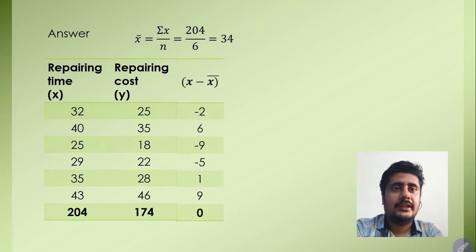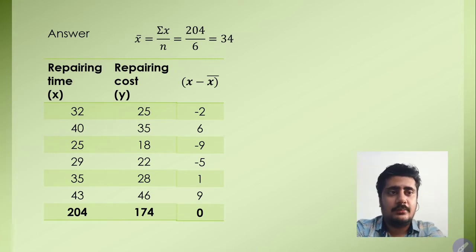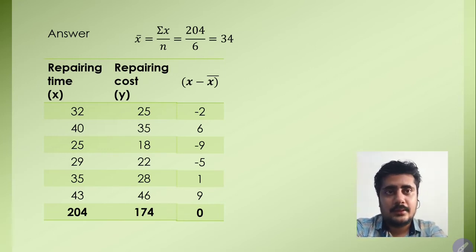You have to find the column x minus x bar. How will you find the column x minus x bar? It's basically 32 minus 34. The column is x minus x bar, so the first digit should be x, minus x bar.